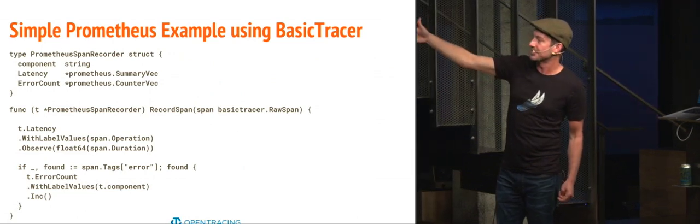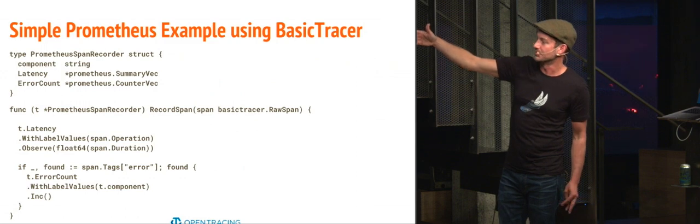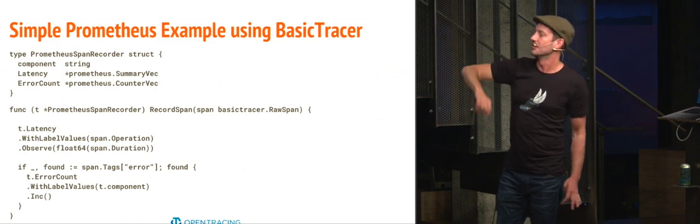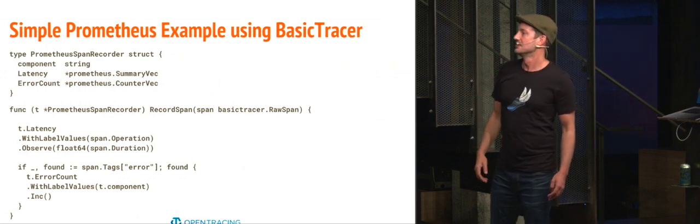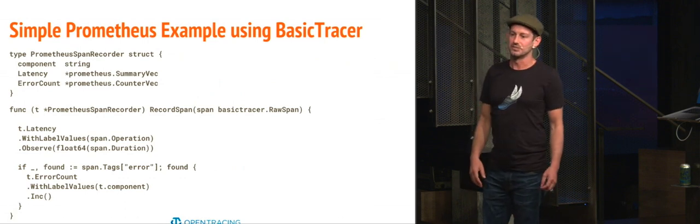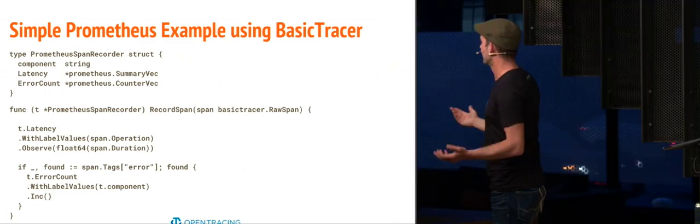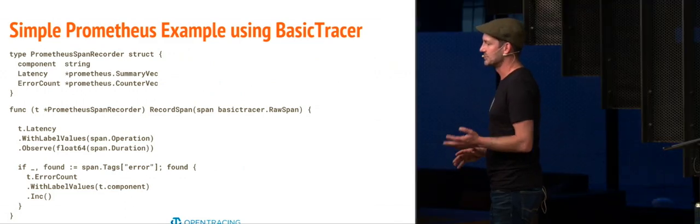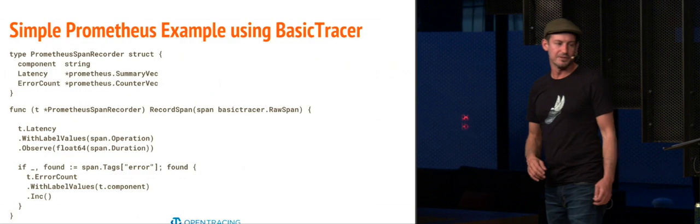And if it finds an error, it also increments a counter on that error type. So you can see it's not a lot of code. It's simple, and there's not really an impedance mismatch for doing it in this style.